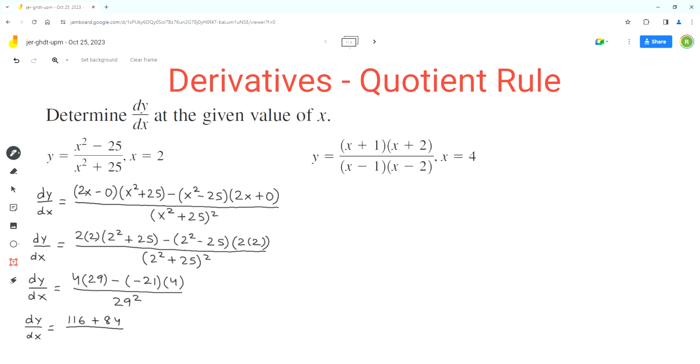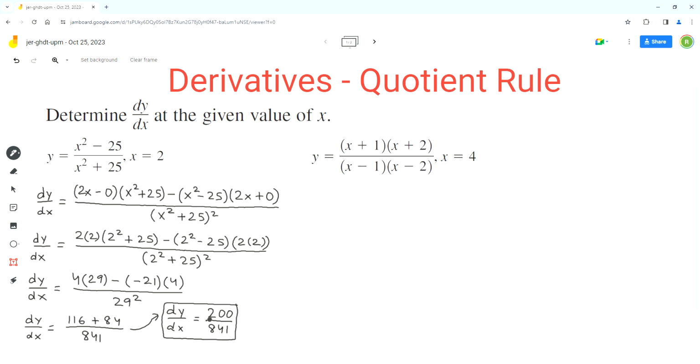And in the denominator we do 29 squared, which is equal to 841. Now we can simplify this expression too. So dy over dx equals, we do 116 plus 84, which is 200. So we get 200 over 841. So this should be the final answer for the derivative of this function at x equals 2.